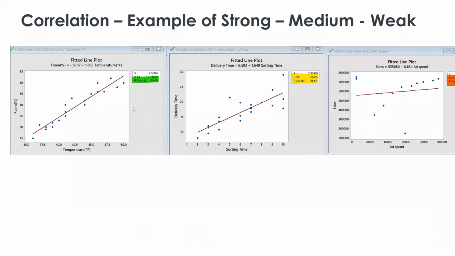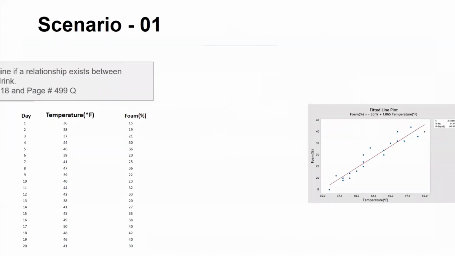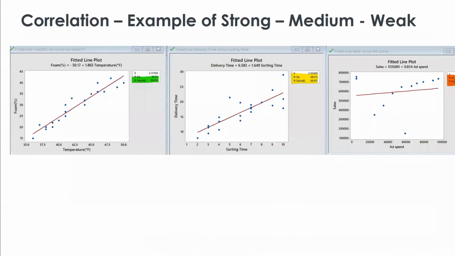Take an example of what we mean by strong correlation and weak correlation. For strong correlation, all the points are on the line or closer to the slope line. Here, if it's 0.68, that is closer to 0.7, moderate correlation, but some points have drifted. That means the sorting time and delivery time have moderate correlation, not a strong correlation.